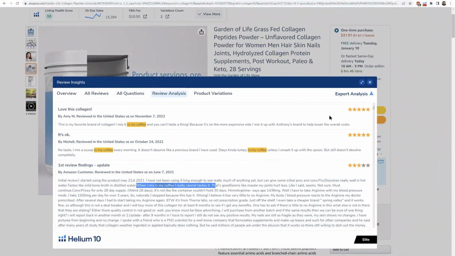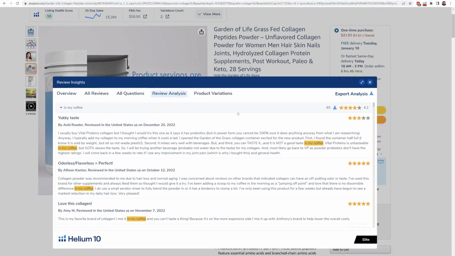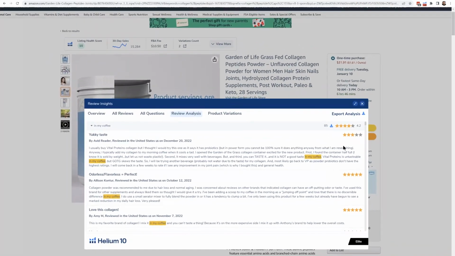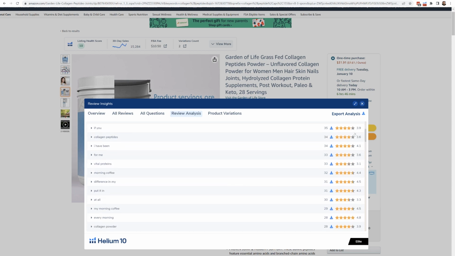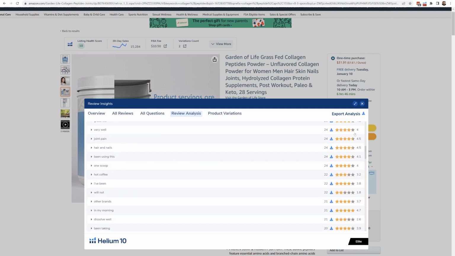I'm going to look here on the right-hand side, and what I want to do under review analysis is see which ones have an aggregate score of the review. So of this phrase, for example, "in my coffee" is kind of neutral, right? It's 4.2 stars, it says right here. But I'm going to see, is there anything above 4 stars that really is going to show me something that people like about the product.